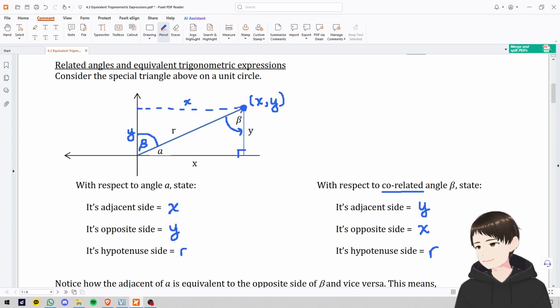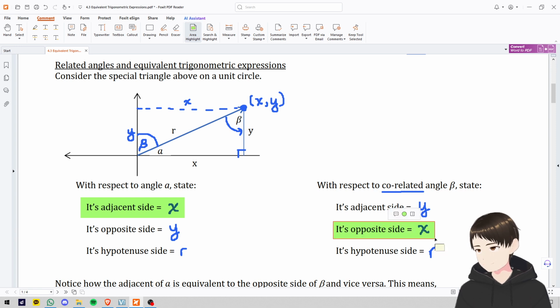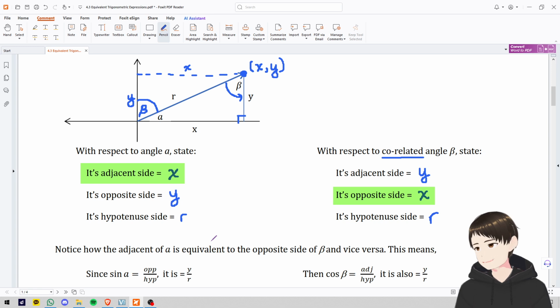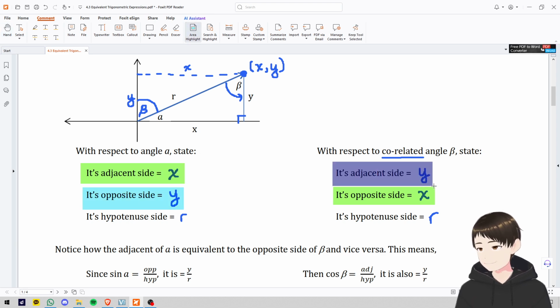So why am I stating this? It may seem obvious to you, but I need you to recognize that the adjacent side has been matched with the opposite side depending on what angle it is. Okay? And the opposite side y for angle A happens to be the same as the adjacent side for angle B.